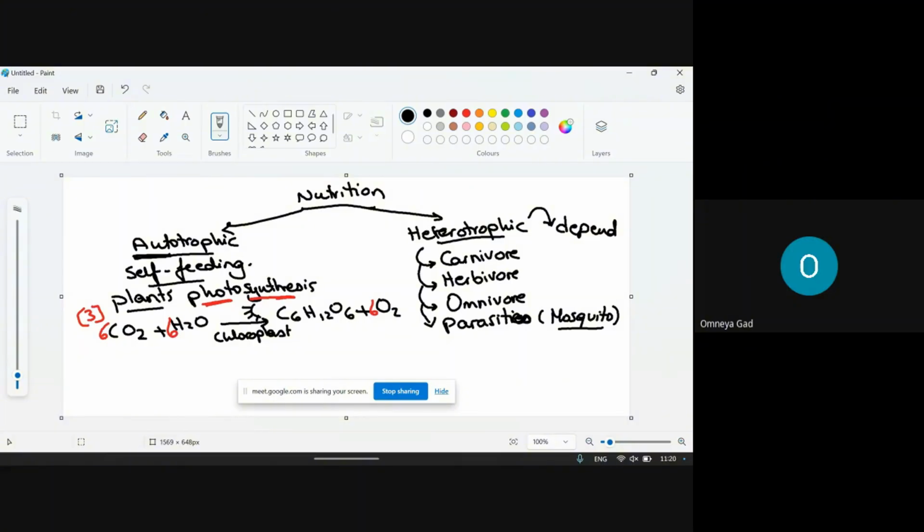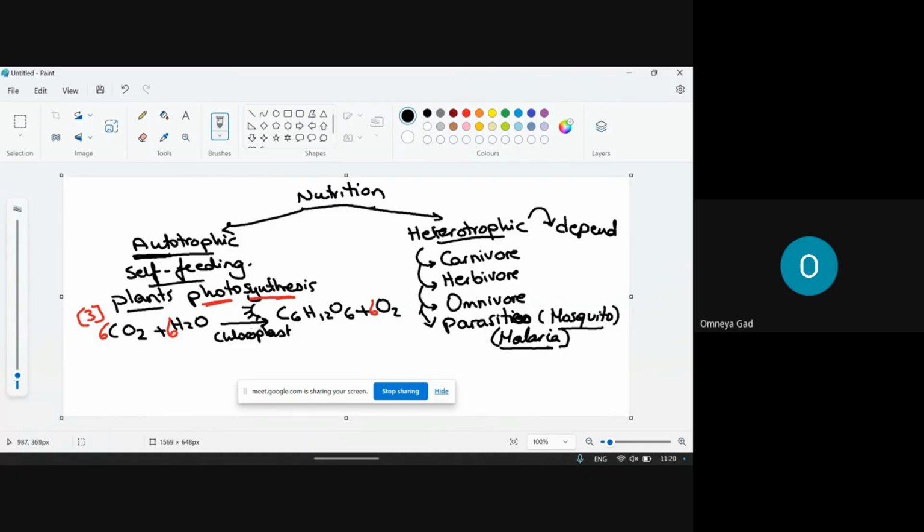A special type of mosquito, which lives in tropical regions, not in our regions, causes a disease called malaria. Malaria is a fatal disease. It might cause death. Okay? So in this way of feeding, a living organism depends upon another living organism but causes it a disease.